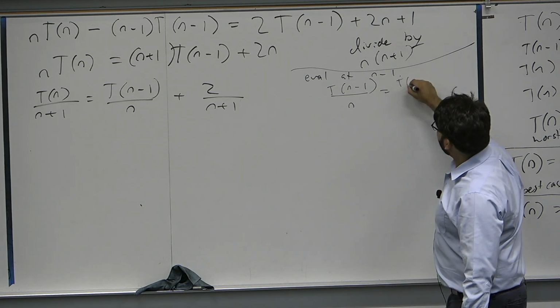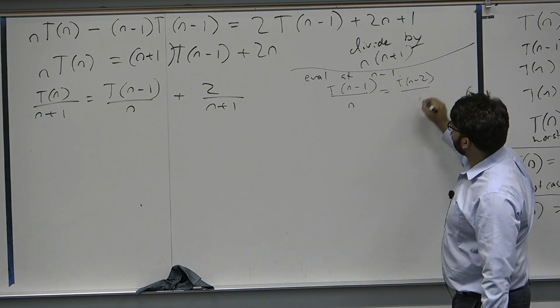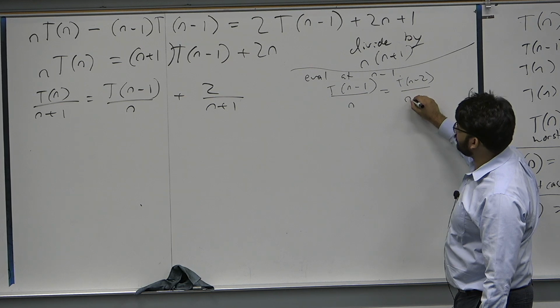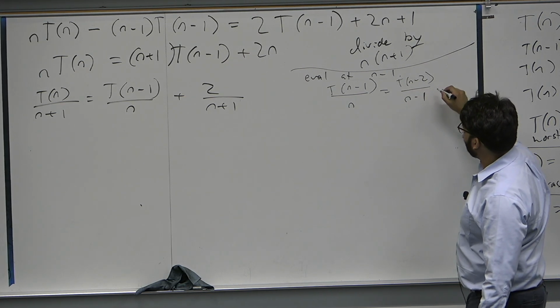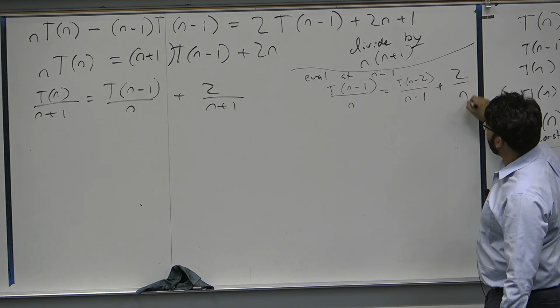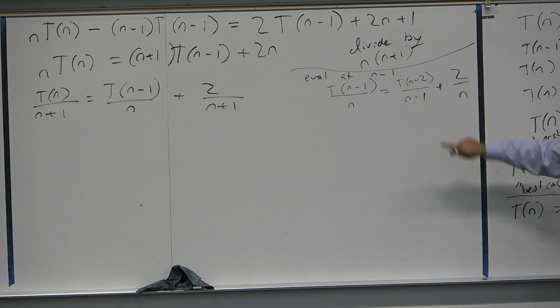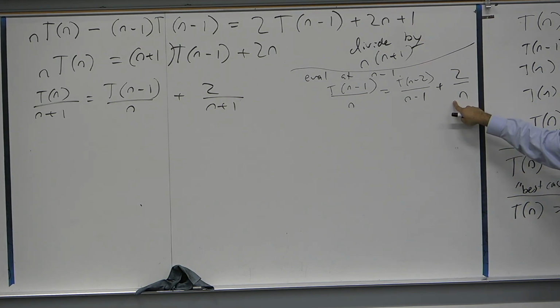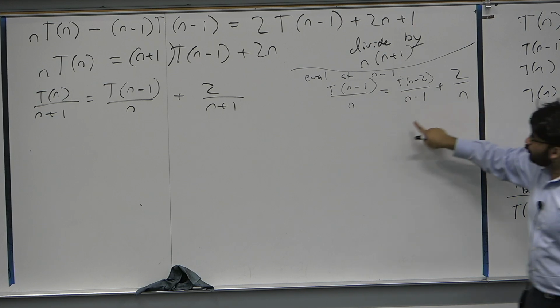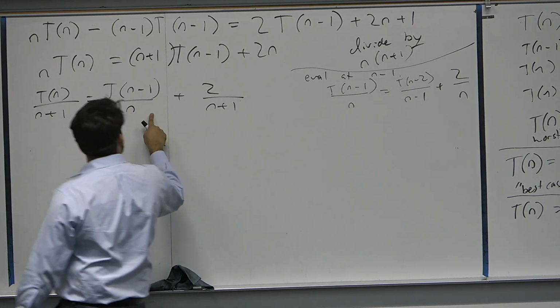We get T of n minus 2 over here, and then we have n minus 1 over here, and then we get 2 over n here. Do we agree? All I've taken is taking that and evaluating at n minus 1 instead of n. But we can now just take this and plug it in here, right?